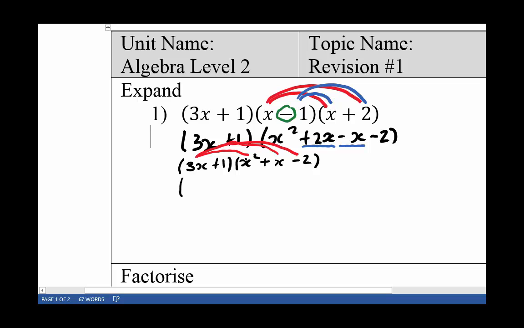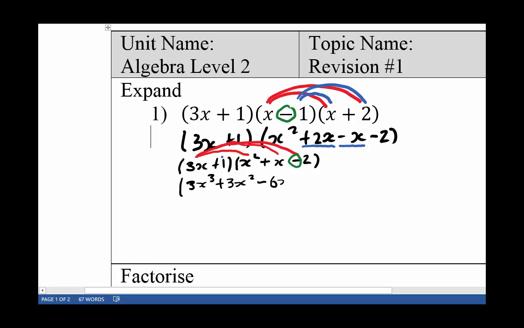So 3x times x squared is 3x cubed, and then I'm going to go 3x times positive x, so that's positive 3x squared, and I'm going to go 3x times, and remember this is a negative, so I'm going to go 3x times negative 2, so it's going to be negative 6x, and I will not close the brackets yet because I'm not finished.